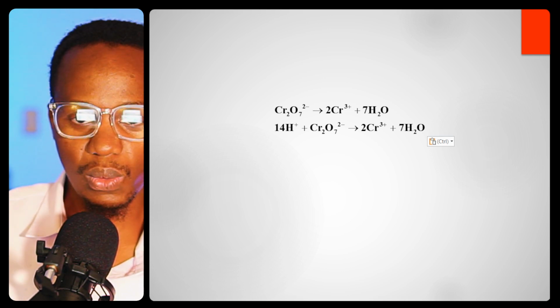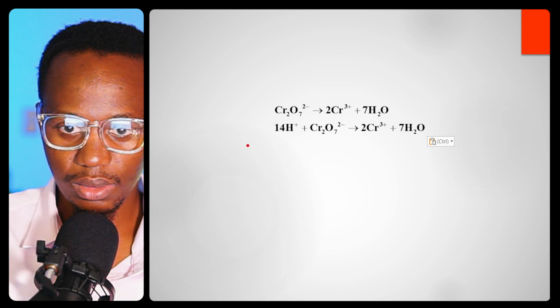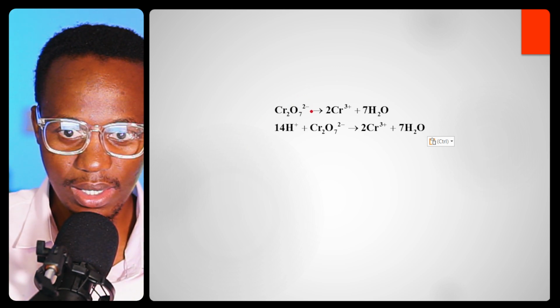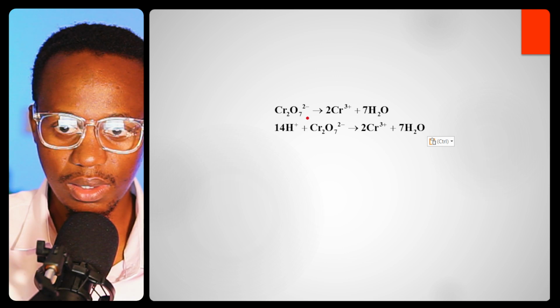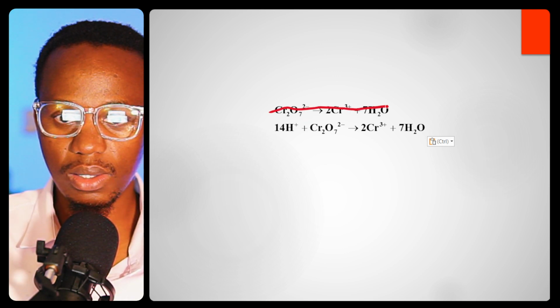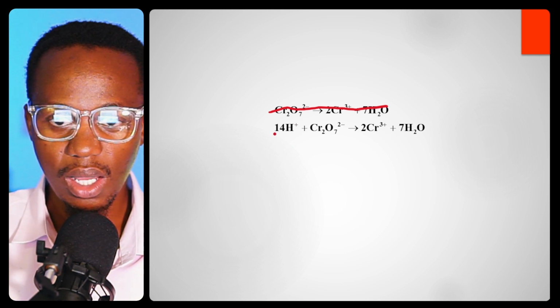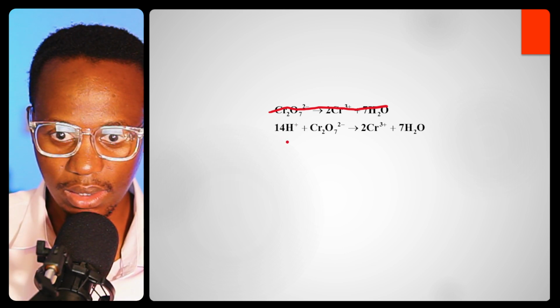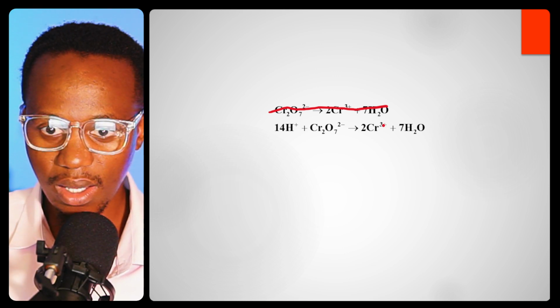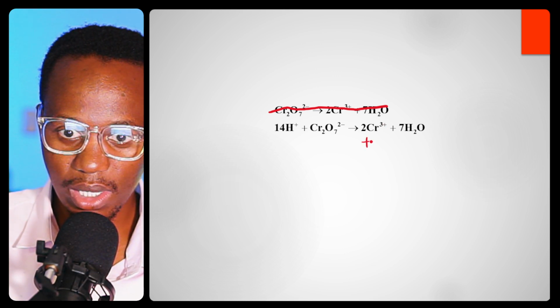All right. So here we look at the charges. Are these charges balanced? We're not looking at this one, because we turn this into that one, right? Are these charges balanced? No, they are not, right? Because here you have chromium 3 plus, and then you have 2 of them, so it's plus 6.